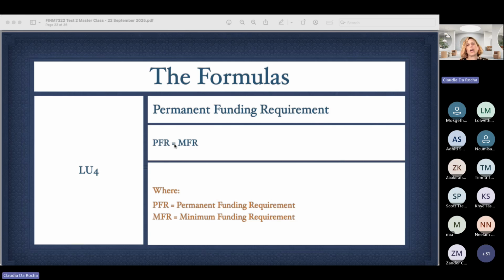All right, so when we are dealing with funding our working capital, we have basically different types of funding requirements that can exist. We have either the permanent funding requirement or we have a seasonal funding requirement.